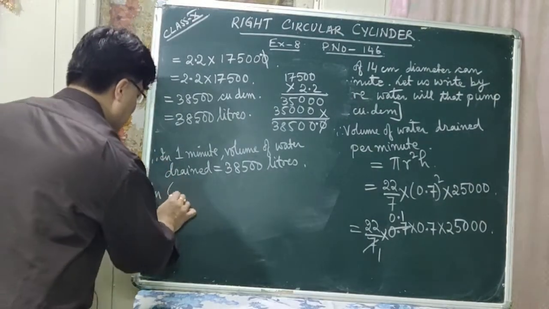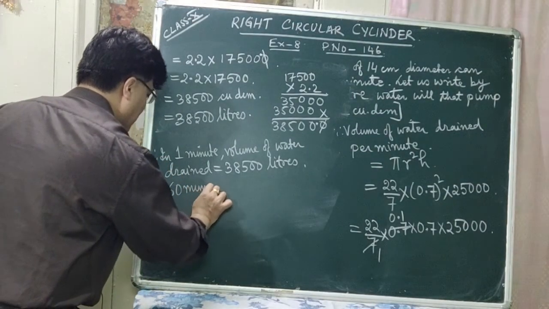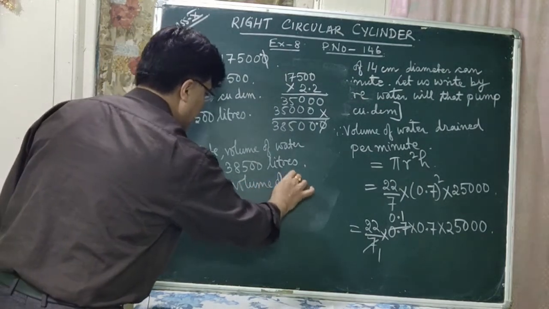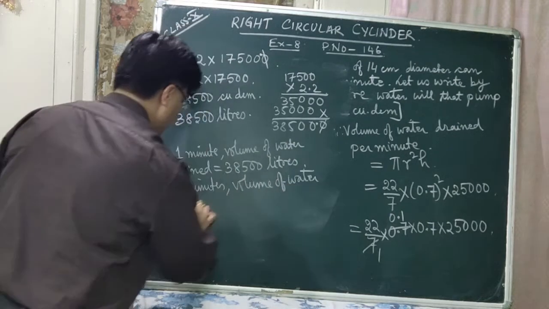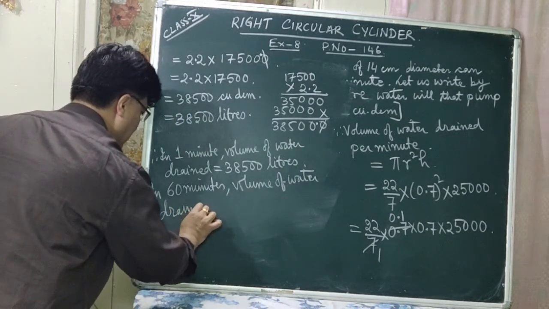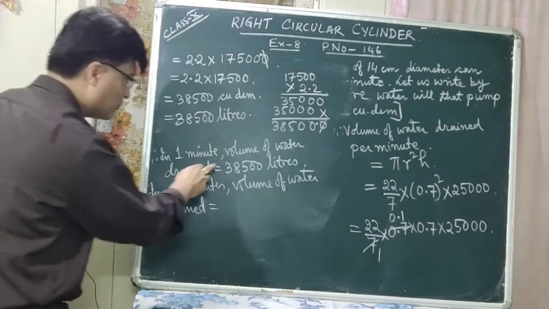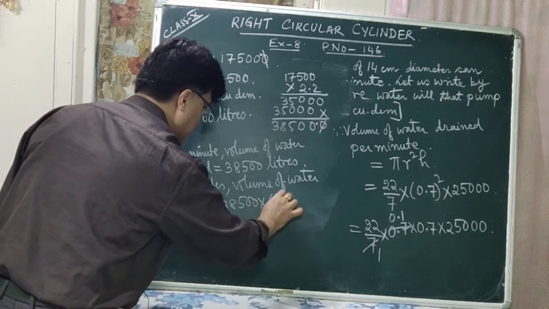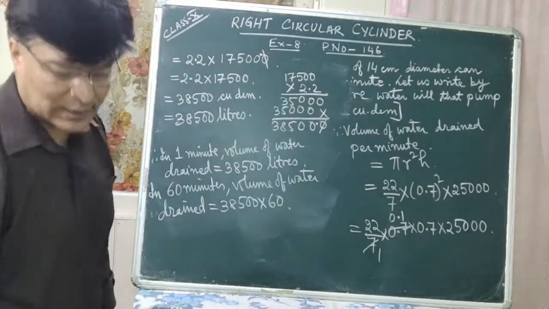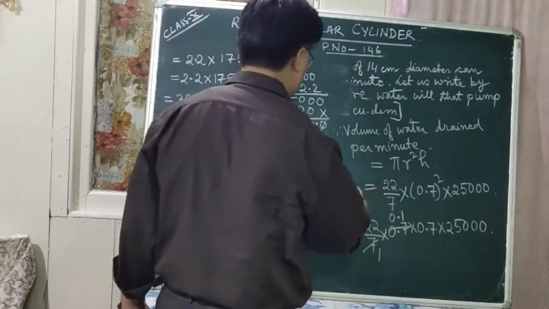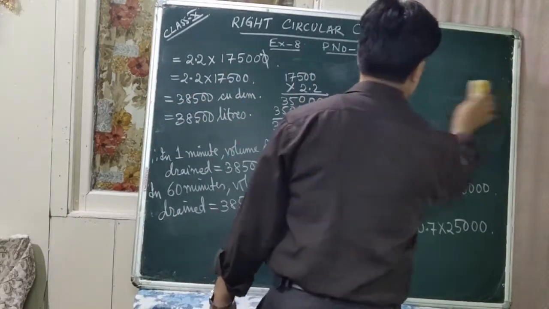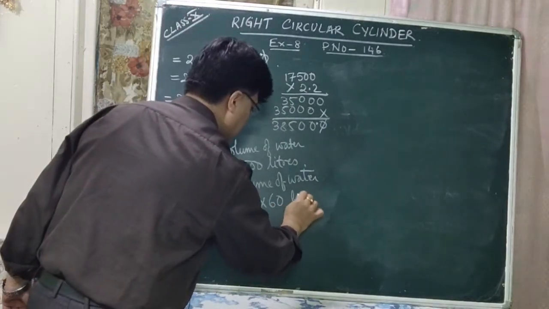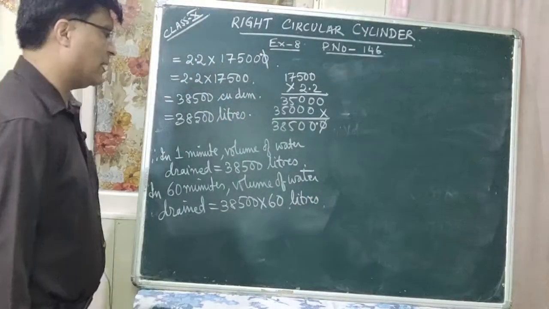That is, in 60 minutes, volume of water drained is equal to, you should multiply it by 60, isn't it? 38500 into 60. Is that clear? So let us multiply them. This liters, right? So what is the unit here now? This liters. So let us multiply them.